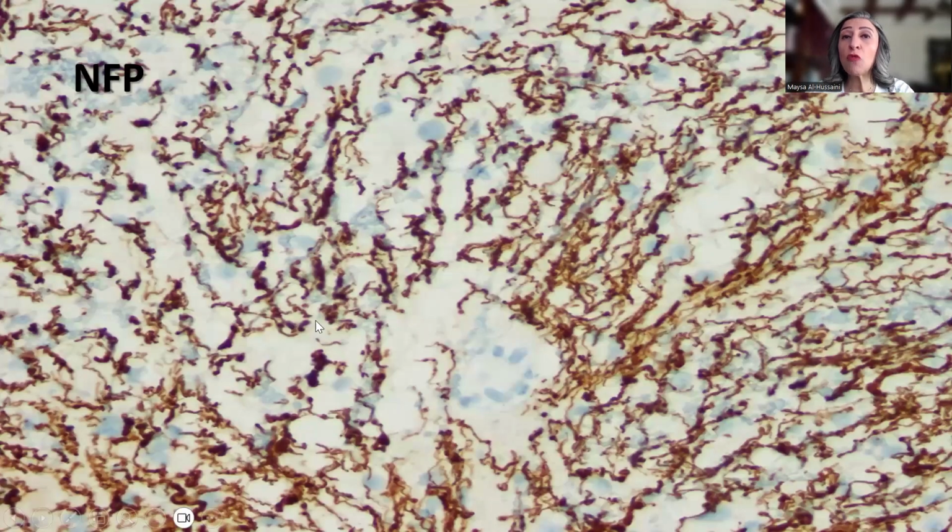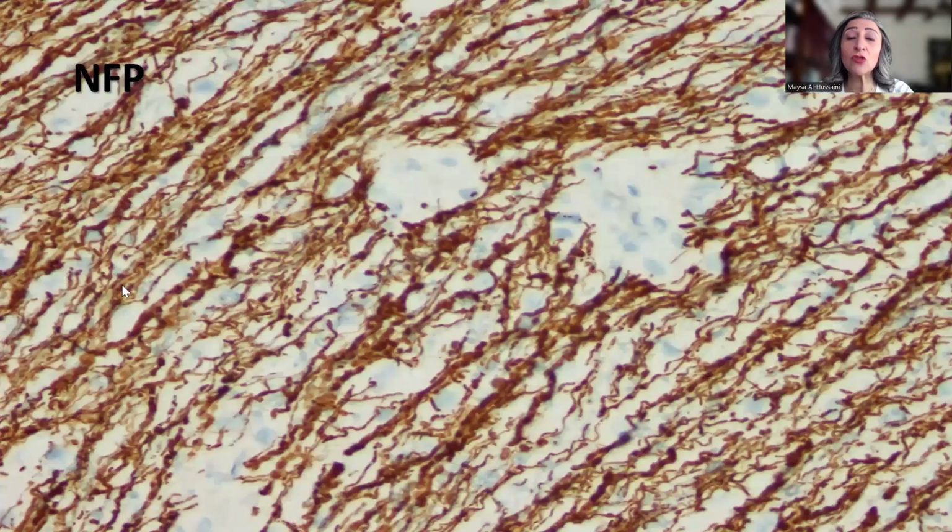Now, this is the neurofilament protein, and I meant to show you, to share with you, the infiltrative nature of the tumor. So the tumor does infiltrate pre-existing structures, and this is another focus where we really see the axons of the neurons, the neurofilament protein, and then we have again what appears to be a microvascular proliferation.